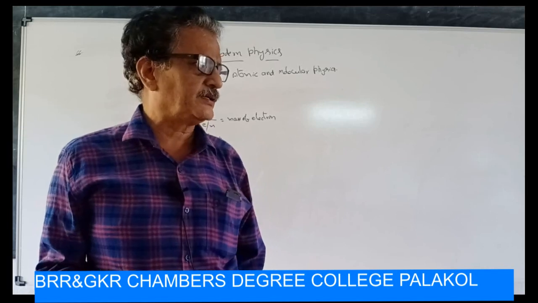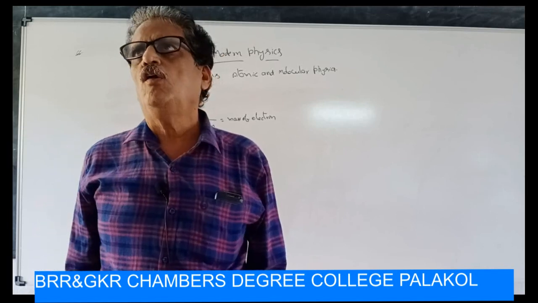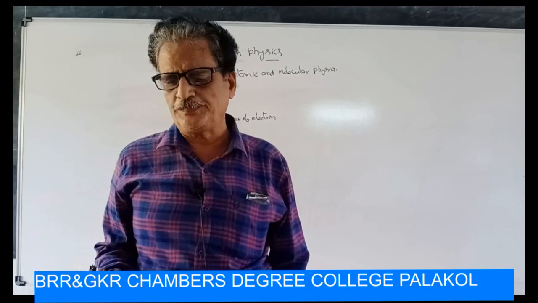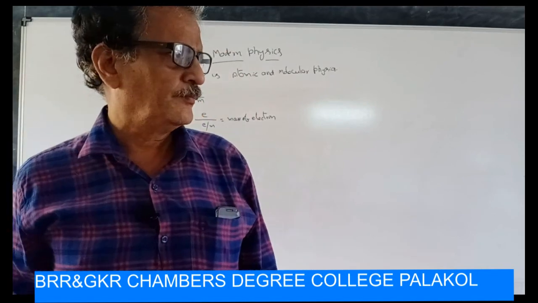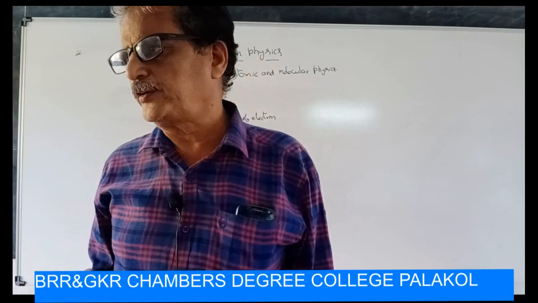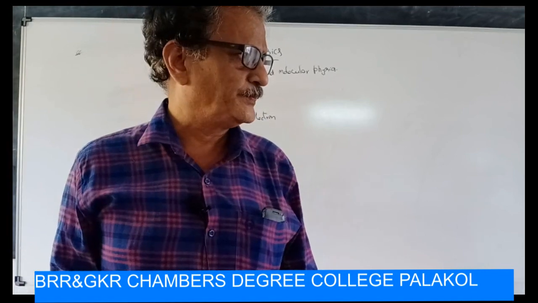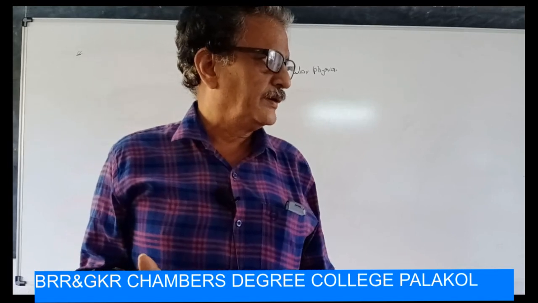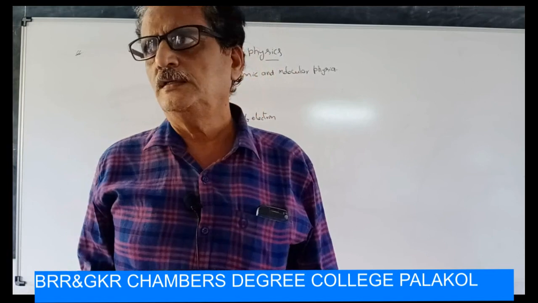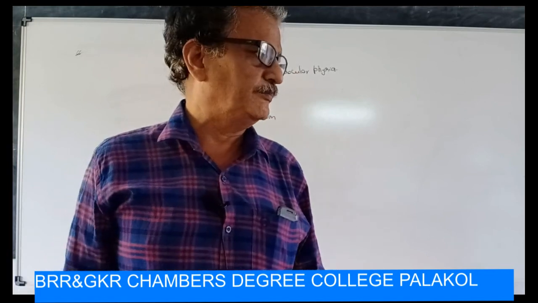Different atomic models were proposed in order to explain the spectrum of different atoms like hydrogen or the mercury spectrum, etc. The first one is Thomson's plum pudding model or custard apple model.